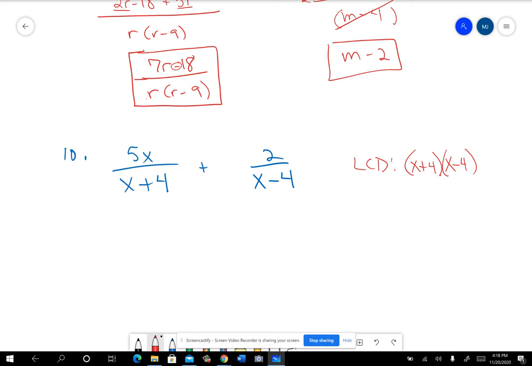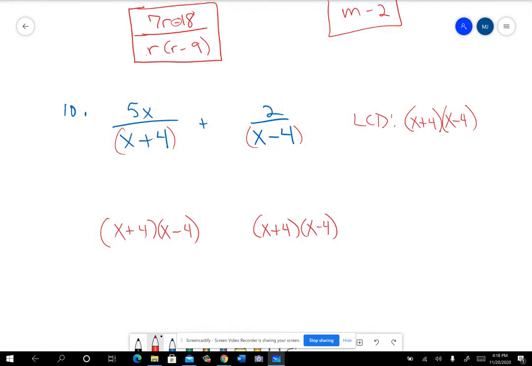You'd have to have both of those. Now I've got to rewrite the first fraction so it uses that denominator, and the second fraction so it has that denominator. This is different from the problem that had an equation, because if it had an equation, I could clear the fractions, but I can't do that here.